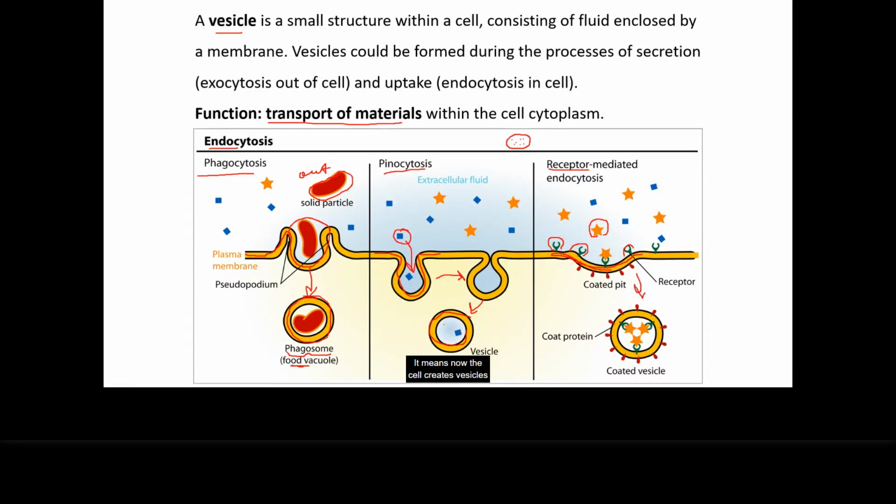It means the cell now creates vesicles which are very selective for the type of molecule. Only star-shaped molecules could be inside, and they will be delivered to the particular site of the cell when needed.